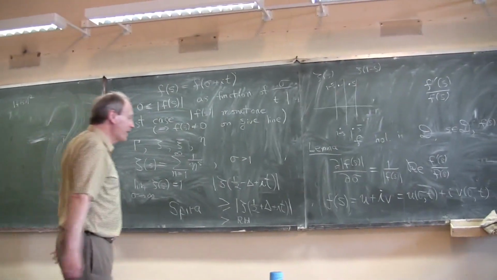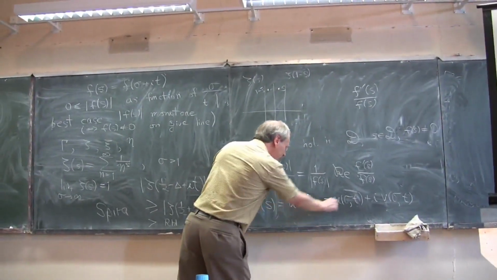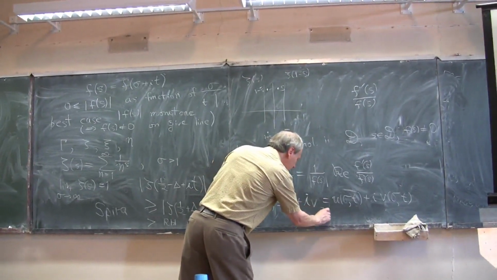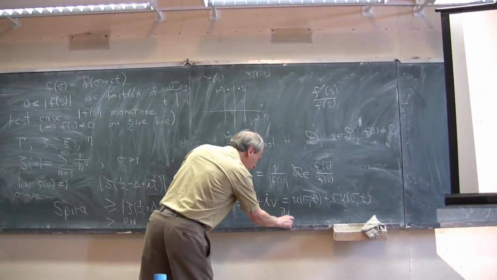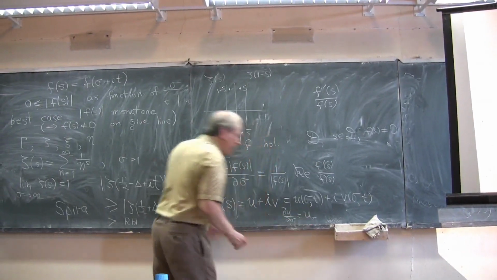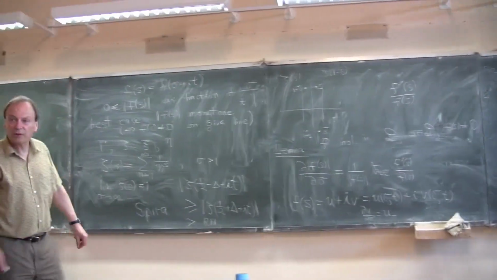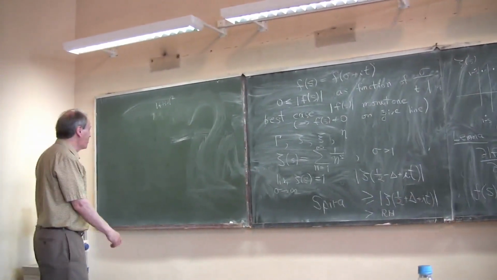And one other small thing I will do to make this proof easier to write. If I take the derivative, let's say du d sigma, let me just write that as u sub sigma. It's frequently written that way for partial derivatives. It will be a little easier to write.